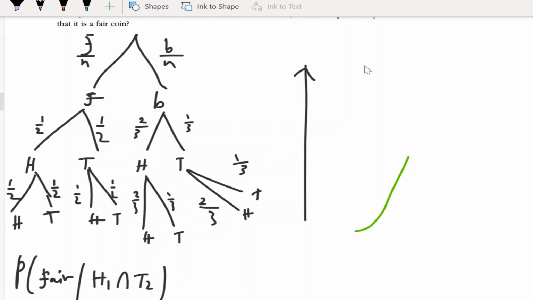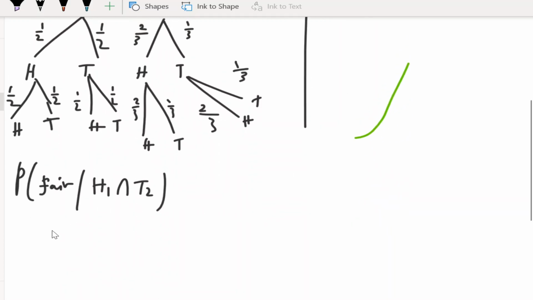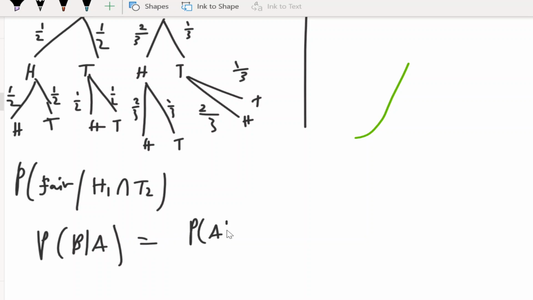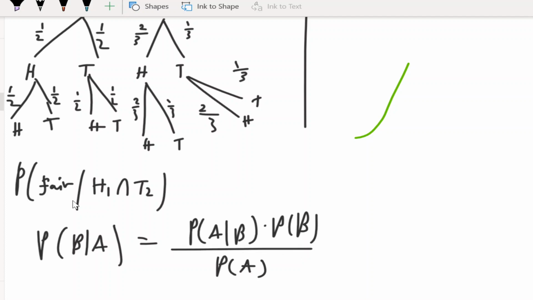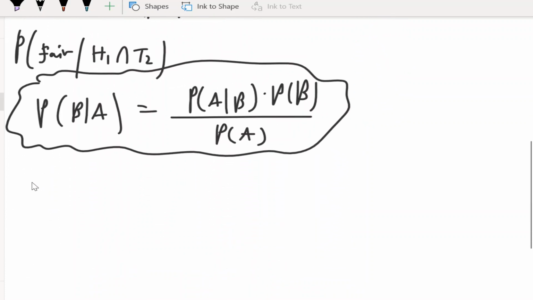Because we're trying to go up the tree, this is a pretty ideal time to use Bayes' rule, which I'll write again. Then I'll write our probability into Bayes' rule.